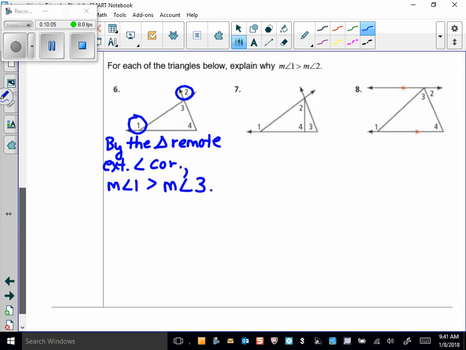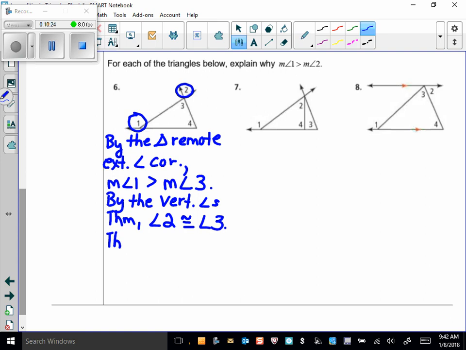I hope you're thinking, oh, by the vertical angles theorem, angle 2 is congruent to angle 3.